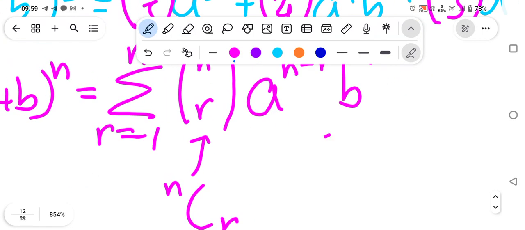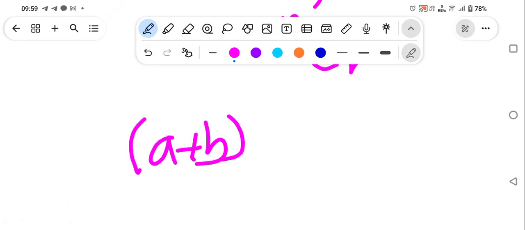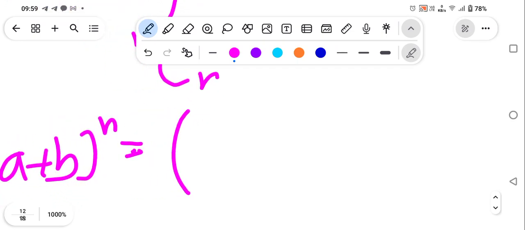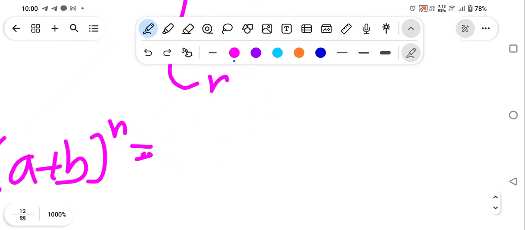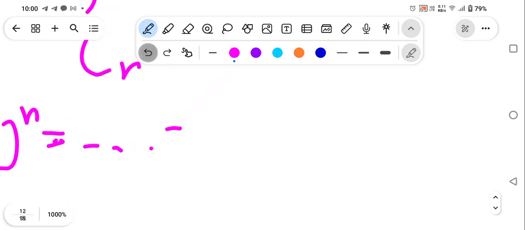So now we already know that when we have (a plus b) to the power n, we would have these terms. So let's say we find a term, and we have a term here.